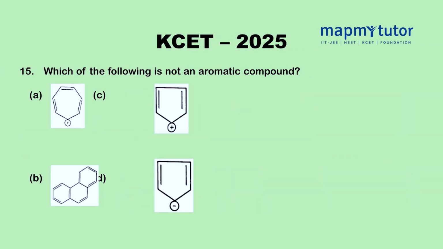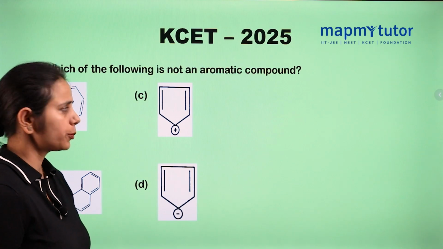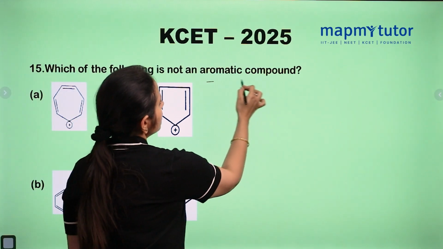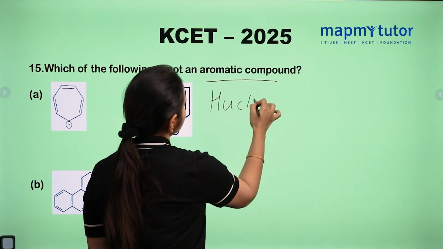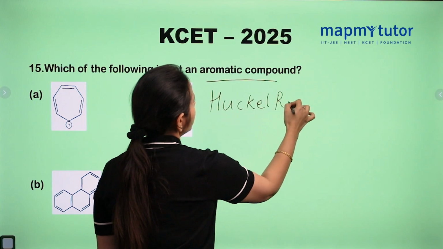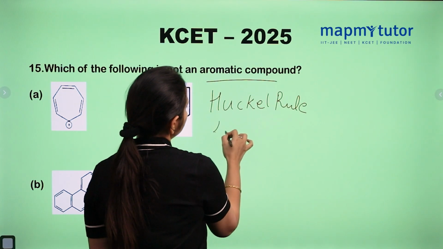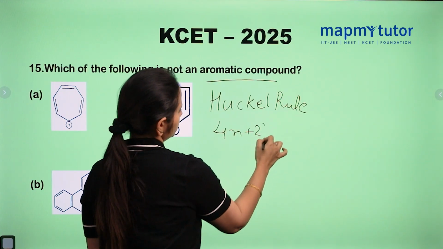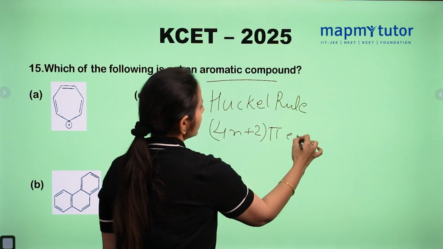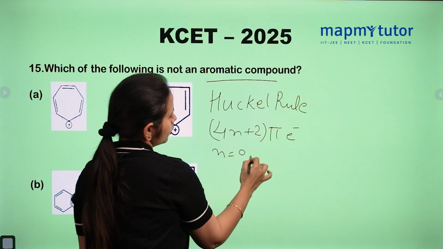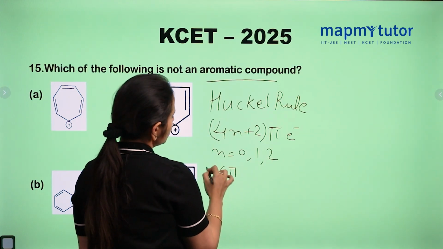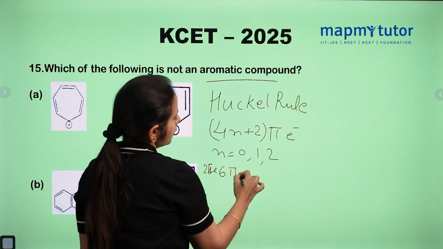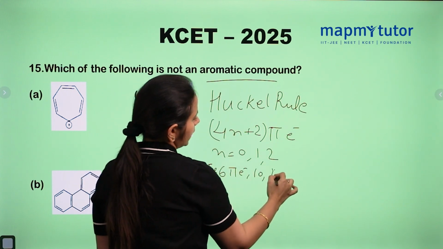Which of the following is not an aromatic compound? Do you know what an aromatic compound is? Aromatic compounds are those compounds which follow Huckel's rule. What does Huckel's rule say? A compound must contain 4n plus 2 pi electrons, where n is 0, 1, 2, so it can be 2, 6, 10 or 14 pi electrons.